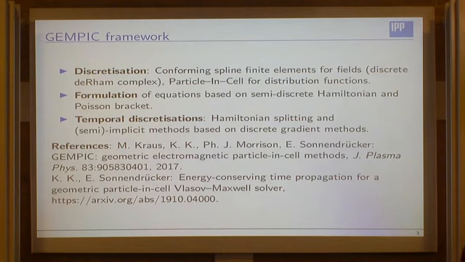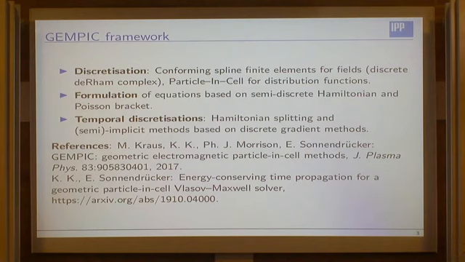Based on this, we have designed what we call GEMPIC, the Geometric Electromagnetic Particle-in-Cell framework, where the idea is that you use, for the fields, finite element exterior calculus. You use conforming finite elements that form a commuting diagram with your de Rham complex.